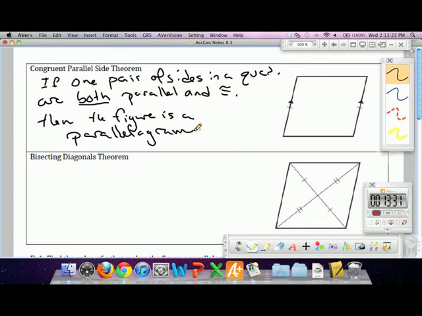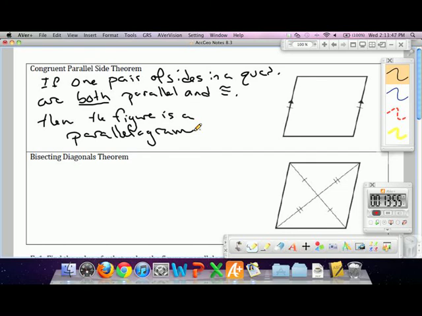So if you're given this piece of information, it's four-sided, you have one pair that's parallel, and that same pair is congruent, then you get a parallelogram. The proof would be pretty similar to what we had before. Draw a diagonal, make two triangles, show the triangles are congruent, then force the other sides to be parallel.